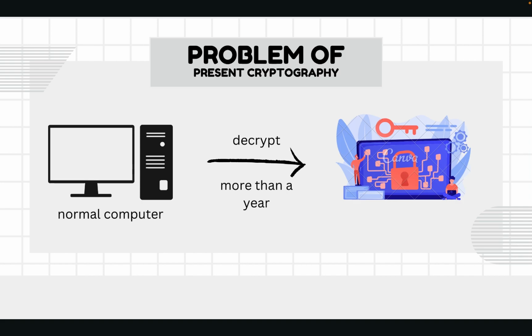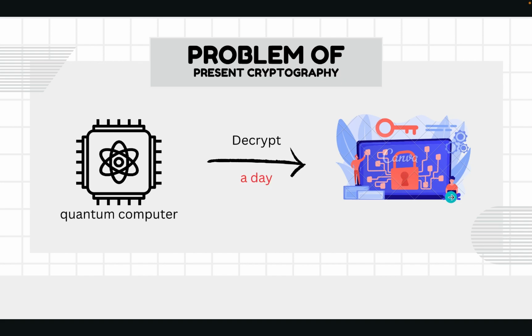For example, factoring large numbers, used in RSA, and the discrete logarithm. If a classical computer wants to decrypt it, it could take more than a year, or maybe a billion years, to solve the problem. And here comes the quantum computer.